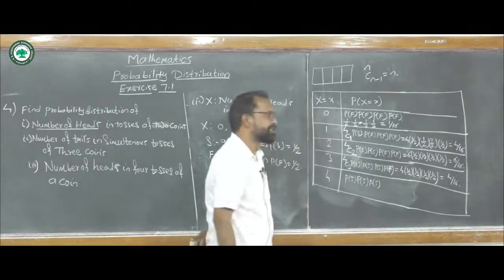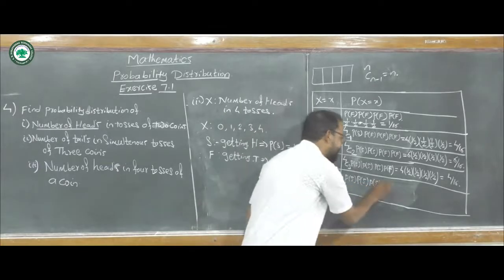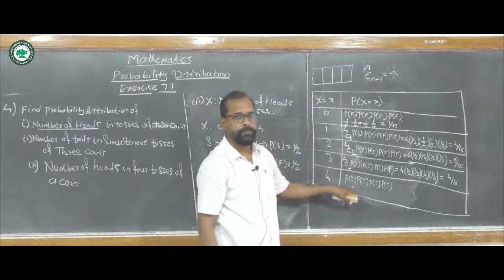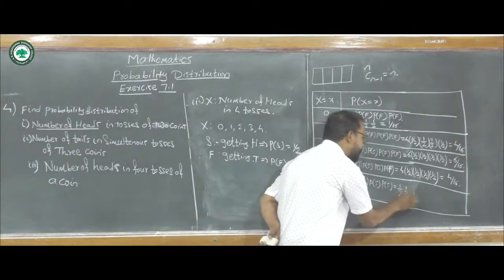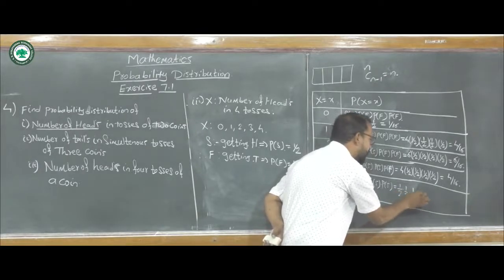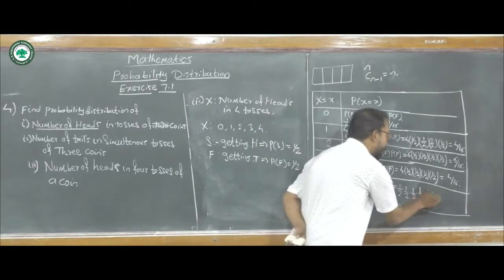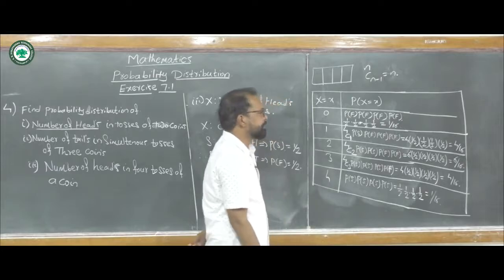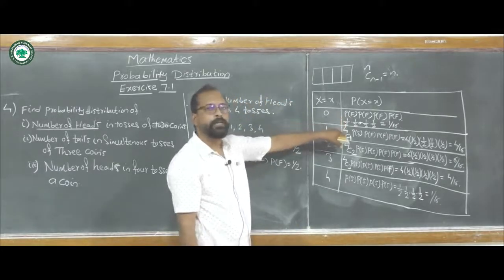So probability of success into probability of success into probability of success and into probability of success. 4 successes. And so this is equal to half into half into half into half. So it becomes 1 upon 16. So like this we get the probability distribution.